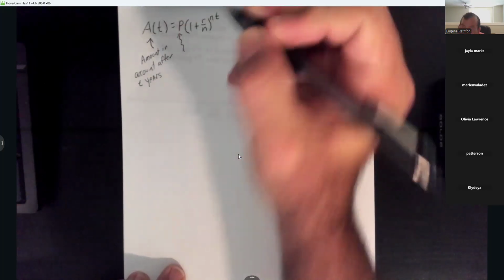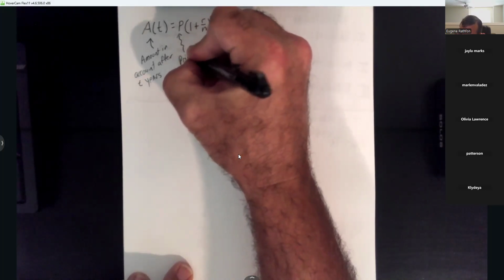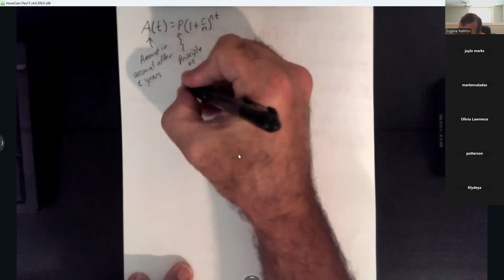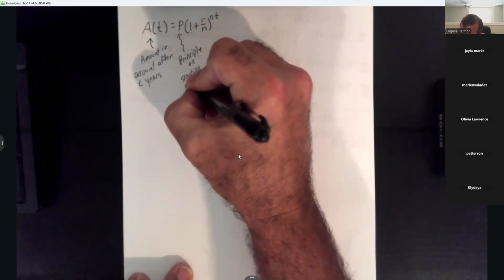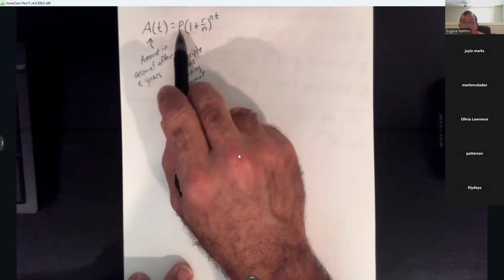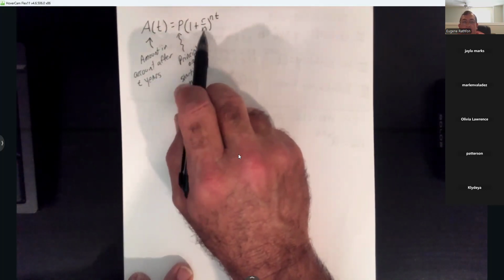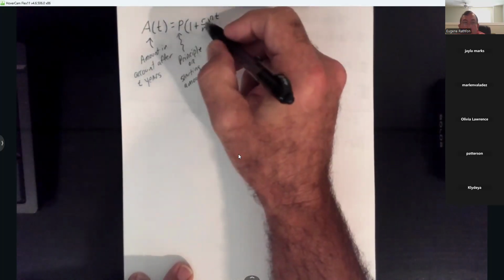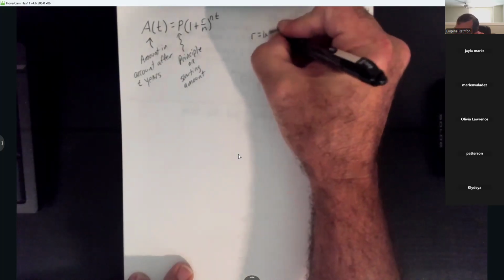P is your principal balance or your starting amount. So you invest 5,000, 5,000 will be your starting amount, okay? Then it's 1 plus R divided by N. R is the rate or the interest rate.